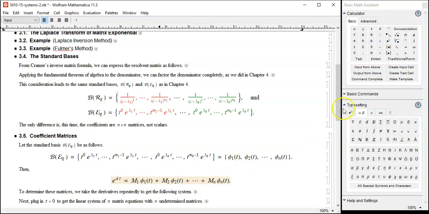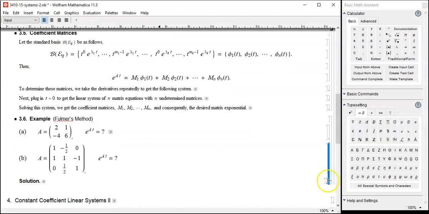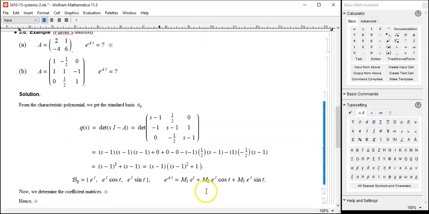In the previous example we went through, for example the second example here, we had 3 basis functions: e to the t power, e to the t cosine of t, and e to the t sine of t. The e to the t power came from this factor here, and the eigenvalue was 1. The other two came from this irreducible quadratic part, where the eigenvalues are 1 plus i and 1 minus i, respectively.